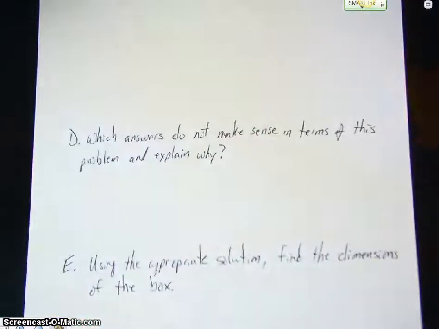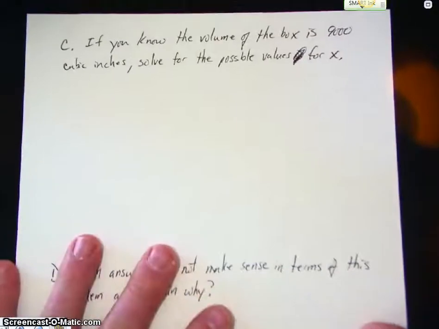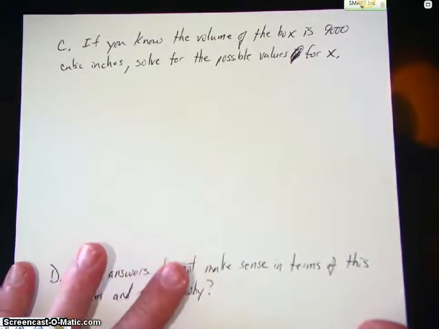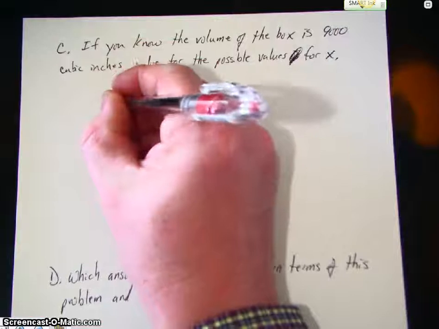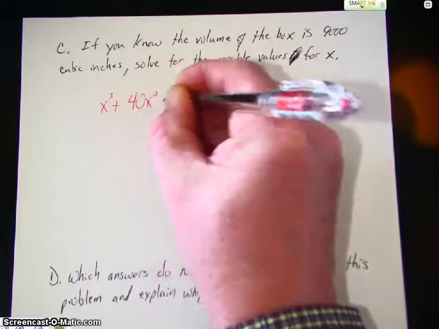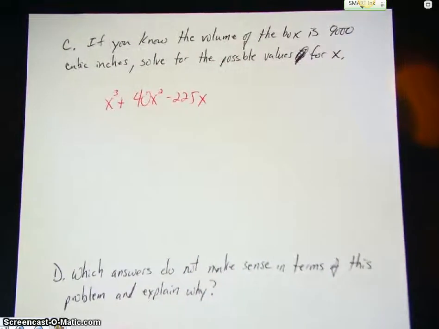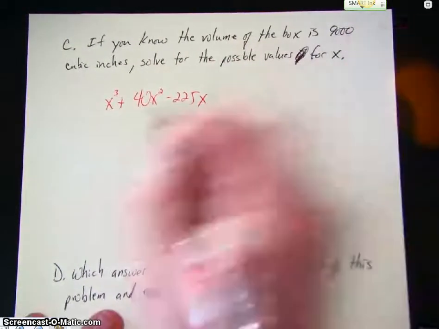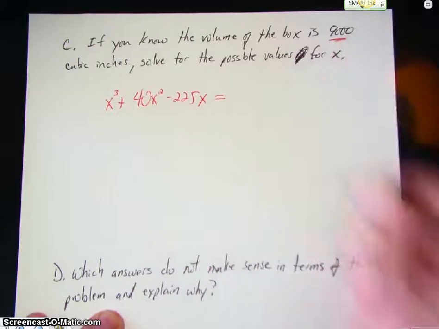All right, part C. It says, if you know the volume of the box is 9,000 cubic inches, solve for the possible values for x. Well, in part B, we know what the volume is, x cubed plus 40x squared minus 225x. They're actually telling us that this expression is equal to 9,000.